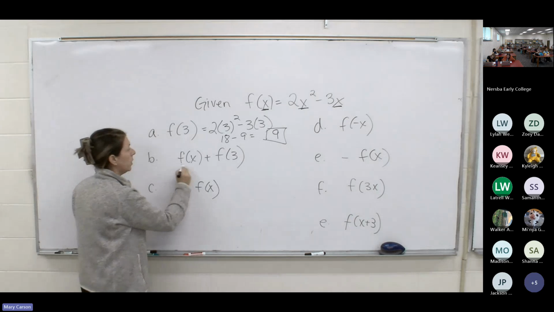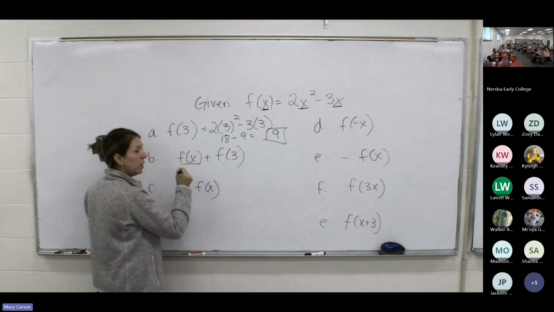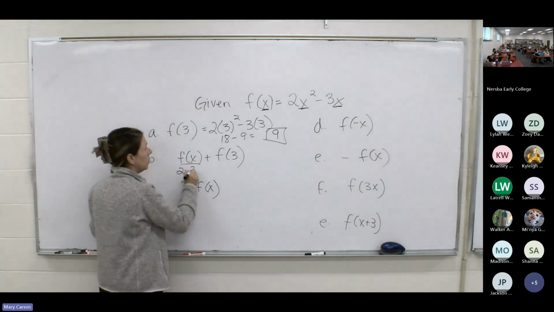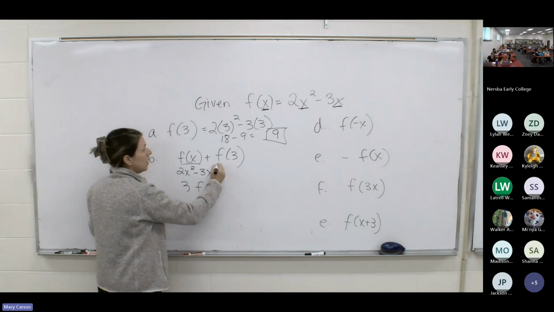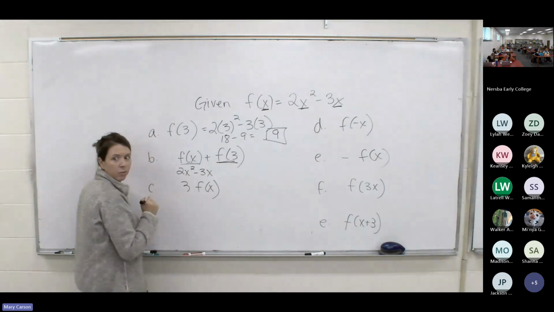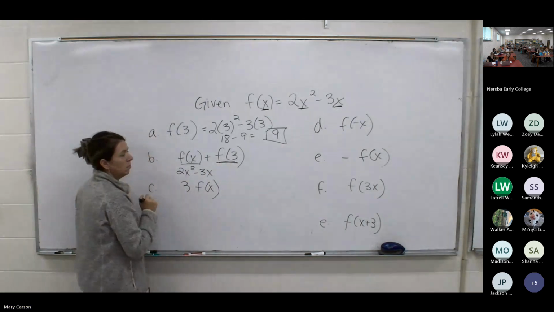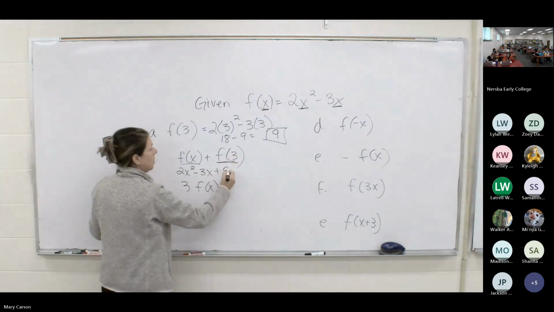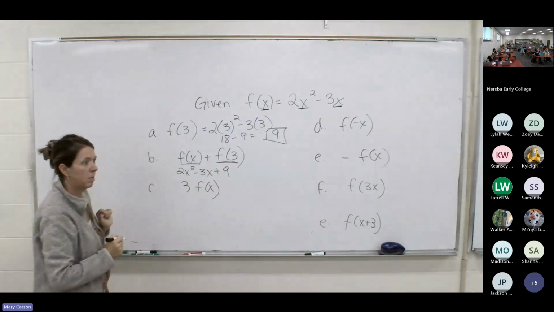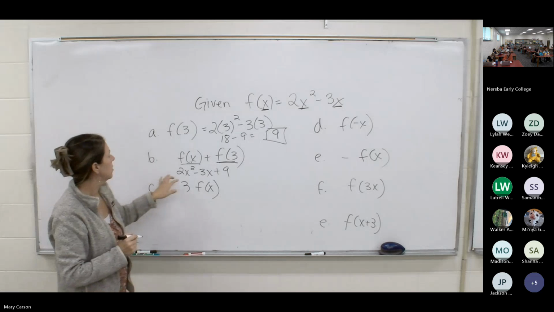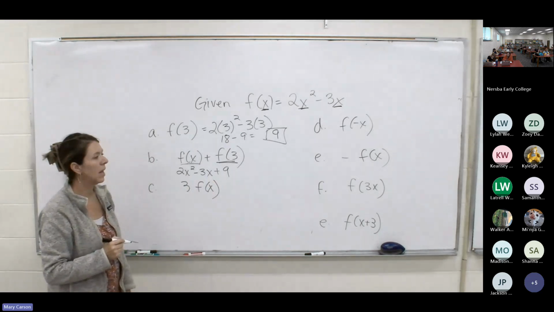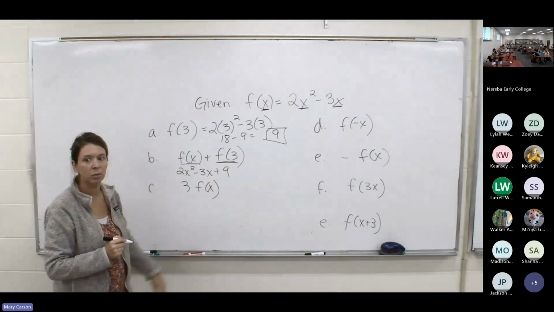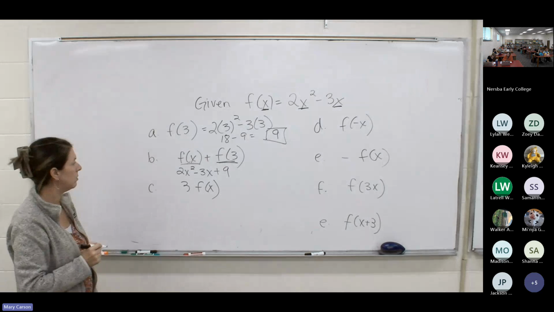So where there's an f of x, we're going to write the equation, right? So it's going to be 2x squared minus 3x. Then I just found f of 3. What was f of 3? So that is our final answer. Does that make sense? So 2x squared minus 3x plus 9 would be our f of x plus f of 3. Okay, leave it like that.